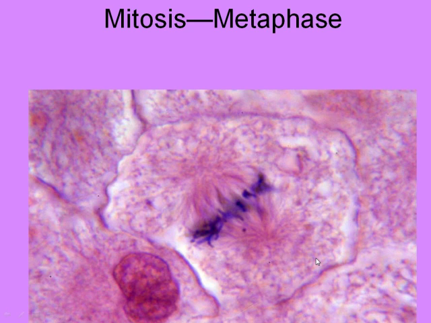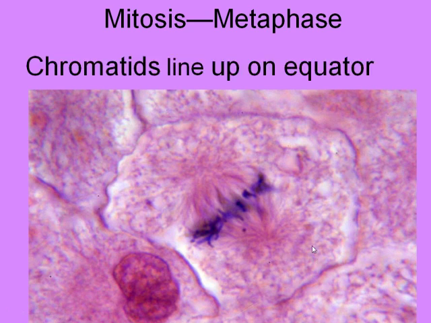The second stage of mitosis is metaphase. Now in metaphase, all of those chromatids line up on the equator of the cell. And here you can see the centrioles a little more clearly, and these little strands are the spindle fibers. Now a spindle fiber from each side has attached to one of those duplicated chromosomes, one of those chromatid pairs.